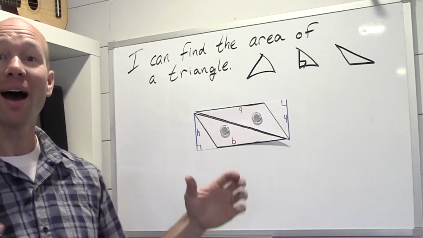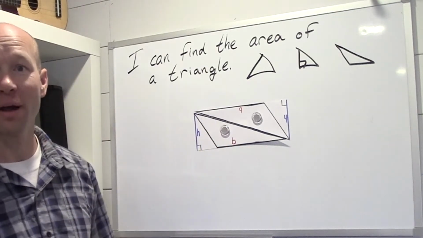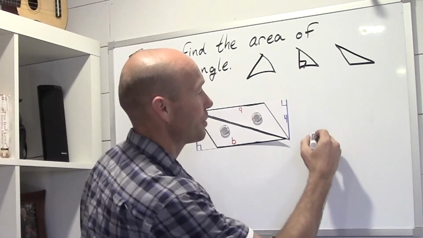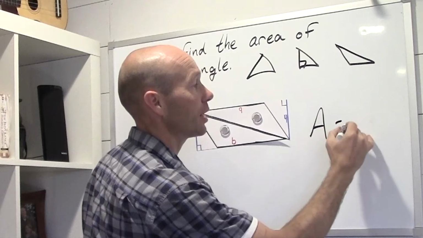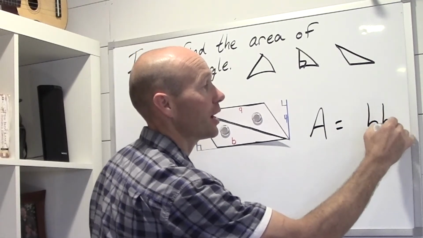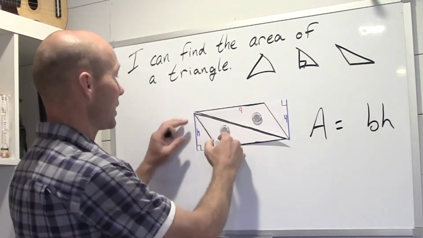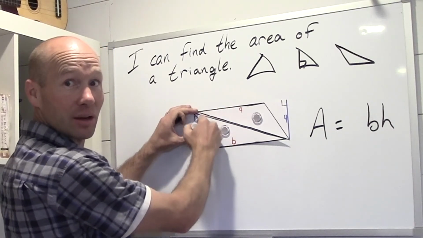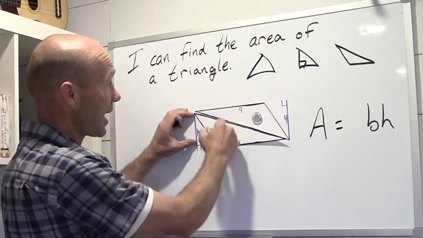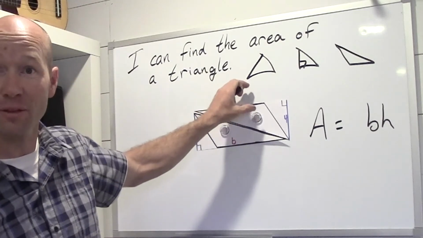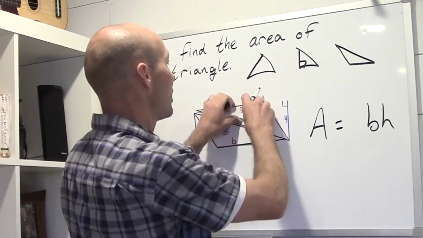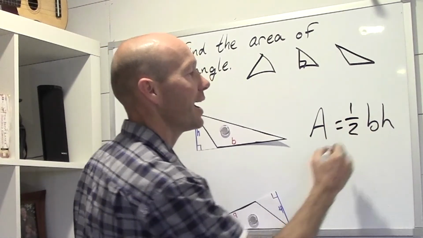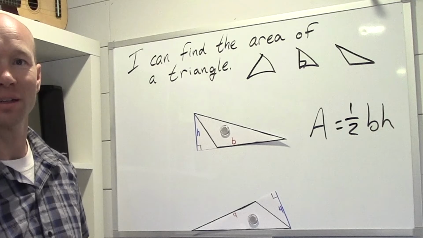Once again, I get a parallelogram. And I know, again, that the area of a parallelogram is the base times the height. I can see my height right here is the same as this height over here, that same exact height. So a triangle is half a parallelogram, and my area of half the parallelogram is 1/2 of the base times the height.